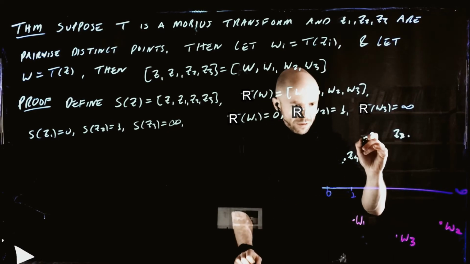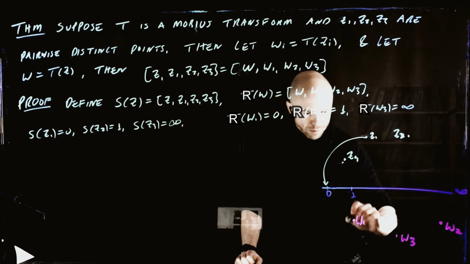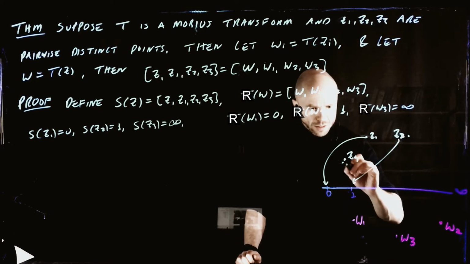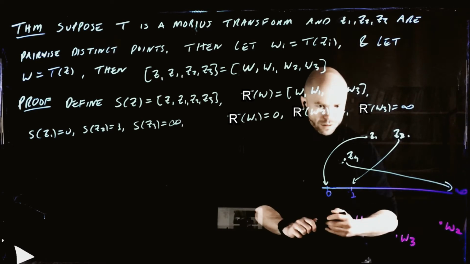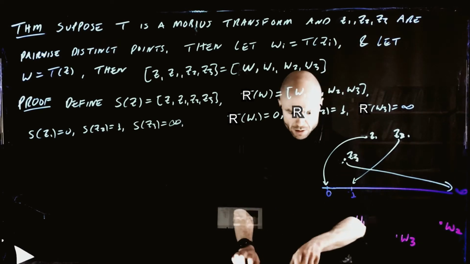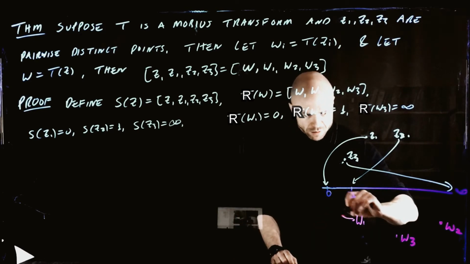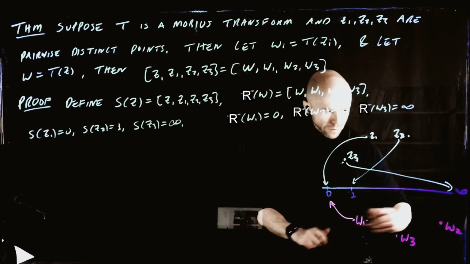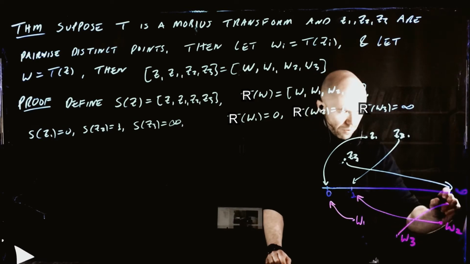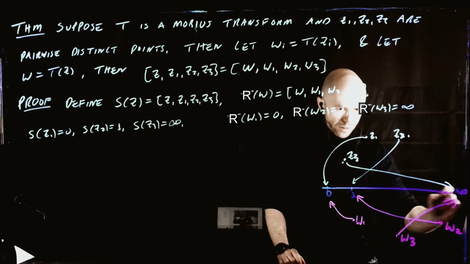So Z1 to 0, Z2 to 1, and Z3 to infinity, and W1 to 0, W2 to 1, W3 to infinity, like this.